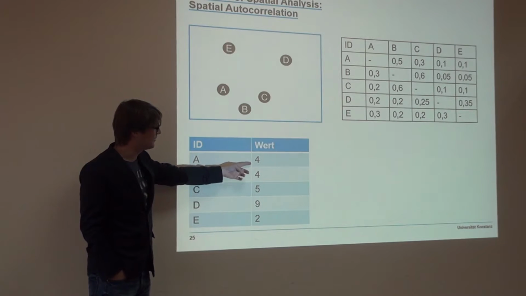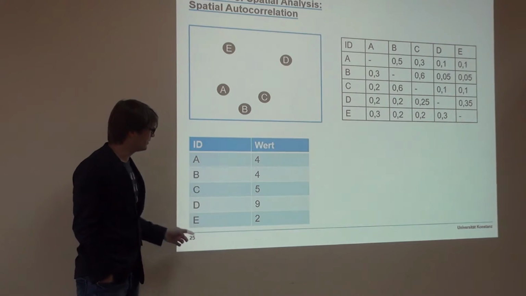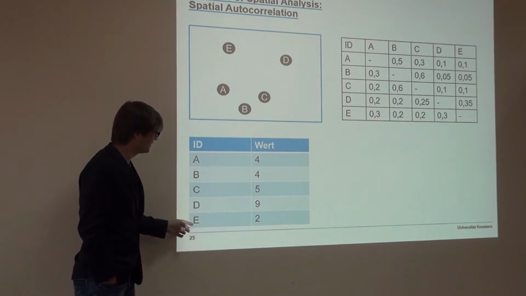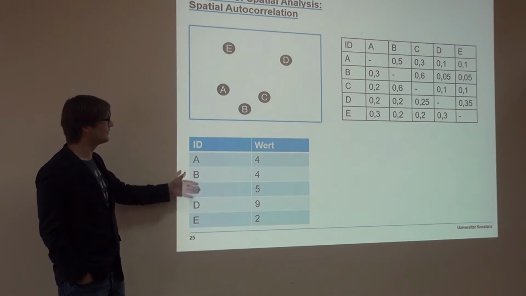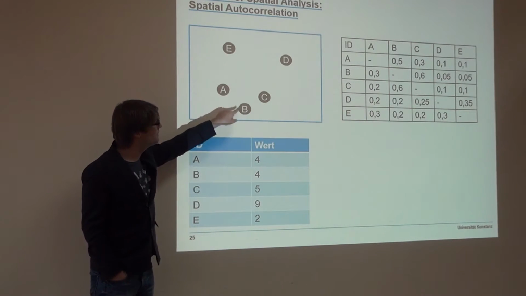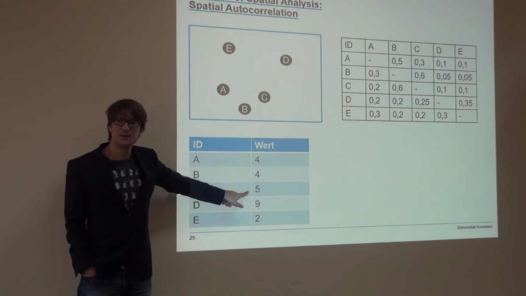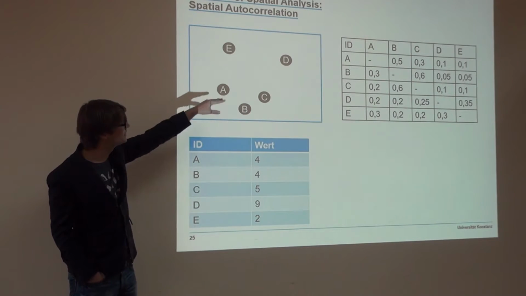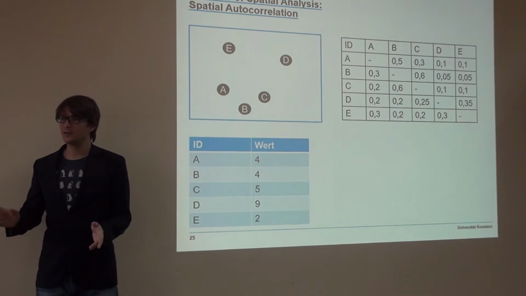A has the value of 4, B also 4, C has the value of 5, D has the value of 9, and E has the value of 2. Just by looking at it, you would say, okay, these spatially close units A, B, C have very similar values, 4, 4, and 5, and the more distant values E and D have values 9 and 2, they are quite different.